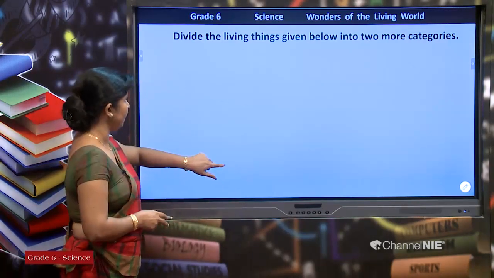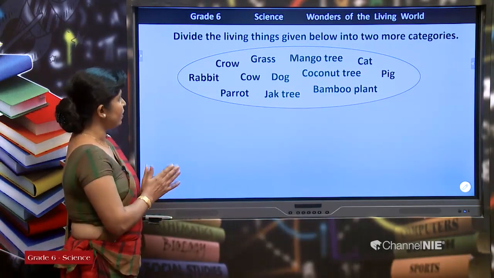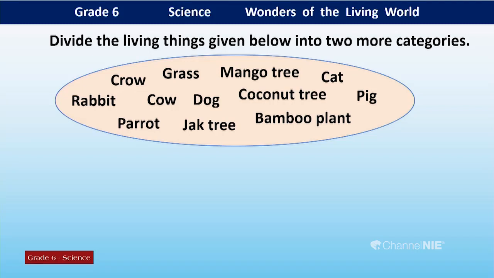We will see. Right. Then I have given you a list. First of all, we will read them one by one. After that, we can move on to the next part.